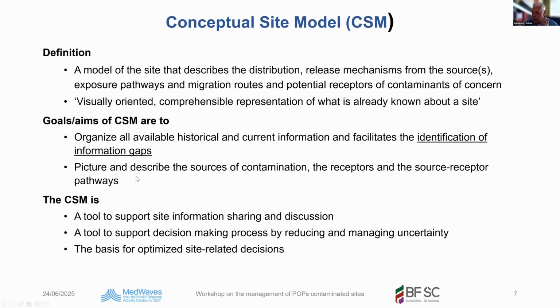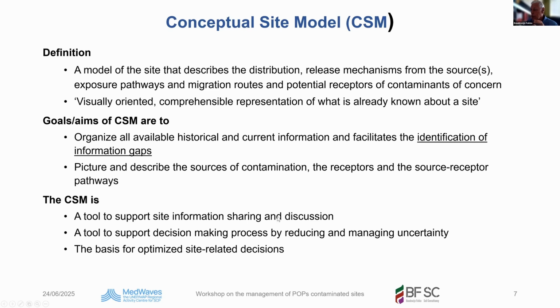So a conceptual site model is only complete when you have pictures and descriptions. So also the report is part of your conceptual site model, when you describe the receptors, the source-receptor pathway, and the source. And that's why it's important that you know the processes in the soil, because the processes deal with the source-receptor pathways.